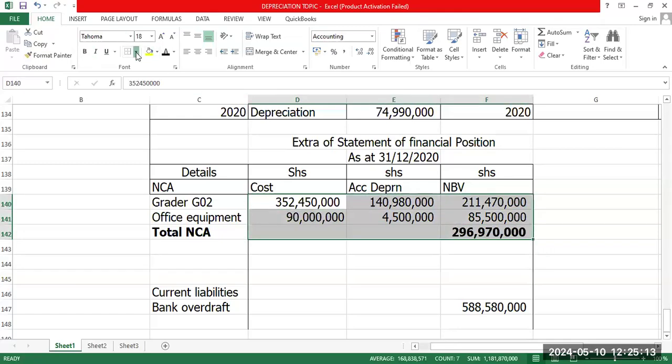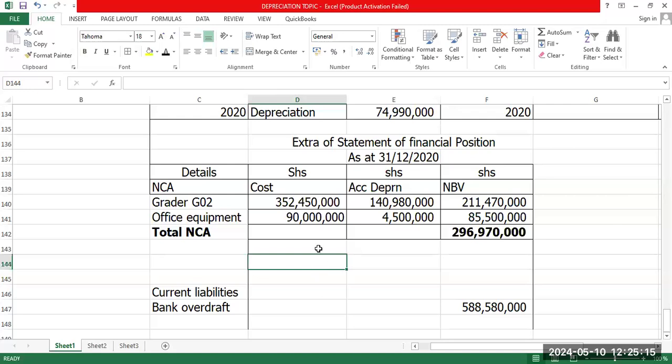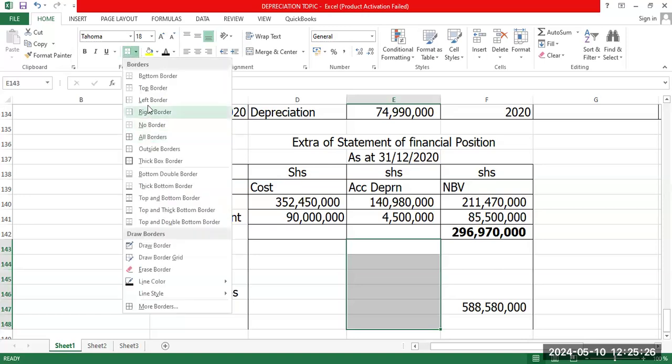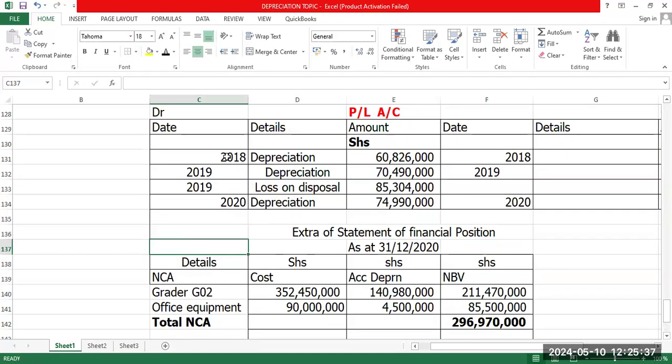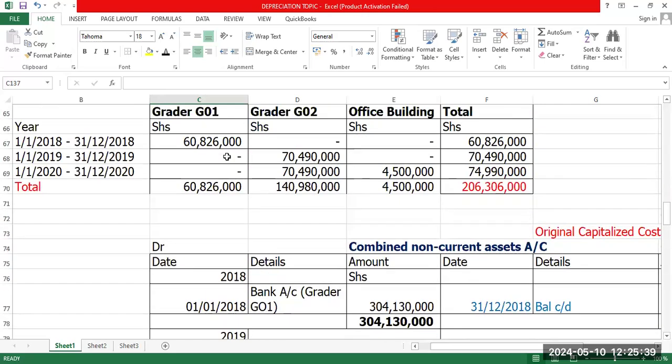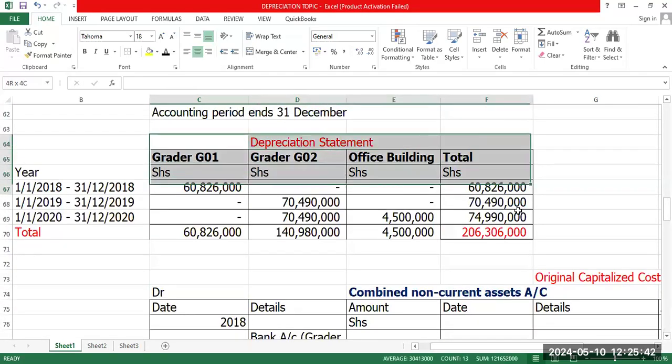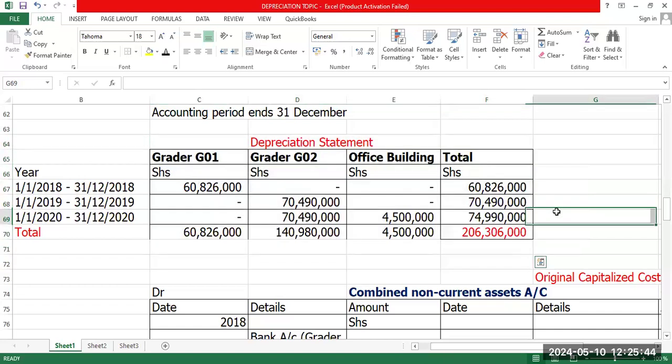It's just on the reducing balance method. When we were doing it for the office building, after subjecting it to the 5%, we left it there.